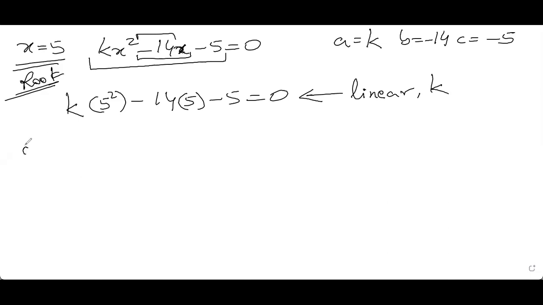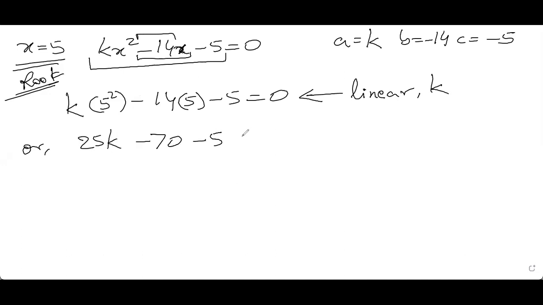You tell me, k into 5 square is how much? 25. No, it is 25k. Then 14 into 5? Minus 70. Very good, Rajesh.